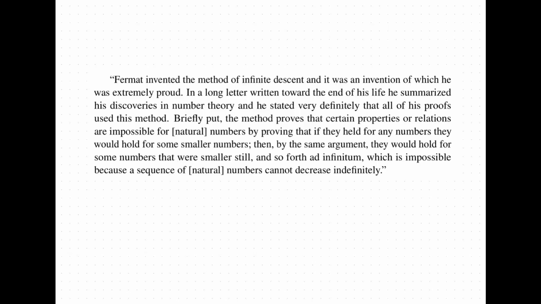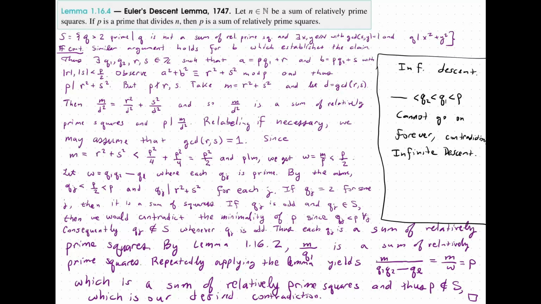But that is the strategy that we saw in proving the Euler descent lemma. And so if we recall the proof of this statement, the way he went about it was by constructing this sequence of decreasing natural numbers. And that was where he got his contradiction.